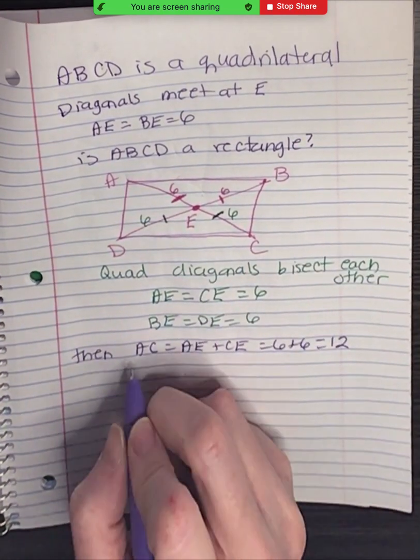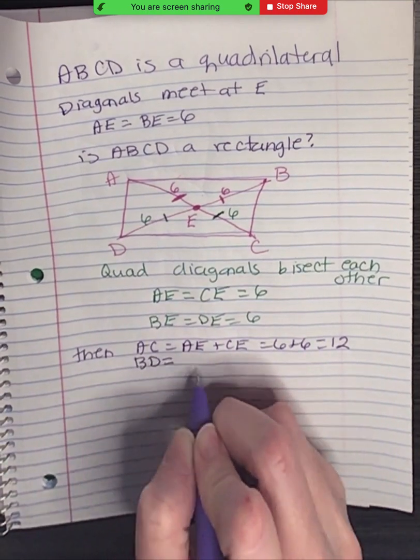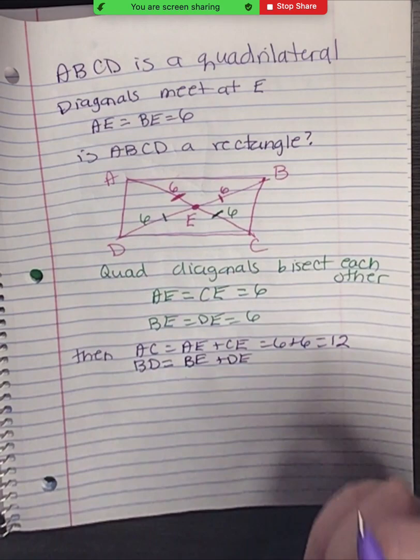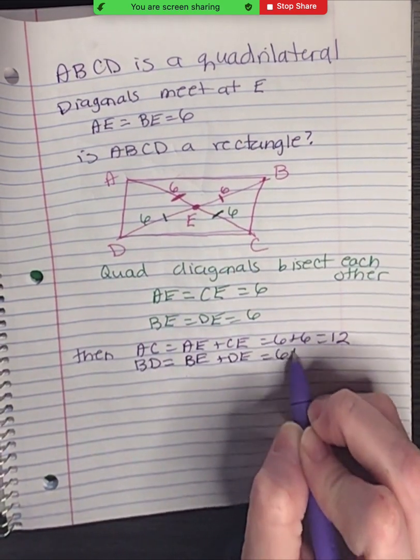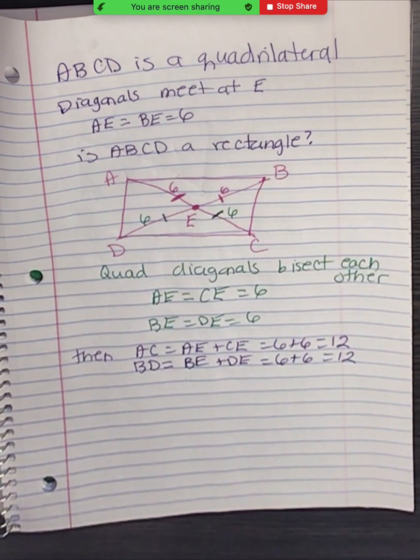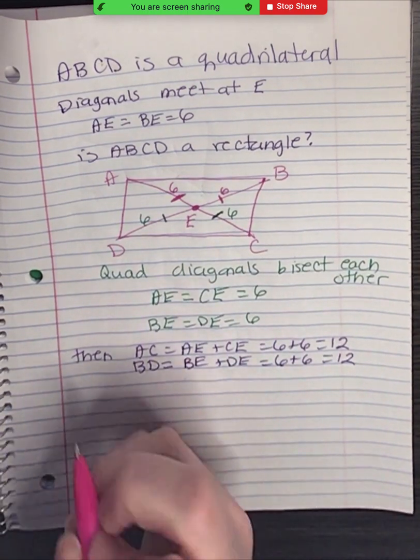And you know BD is BE plus DE, because that's just the line segment addition, which is 6 plus 6, which is also 12. So that tells us that the diagonals are congruent.